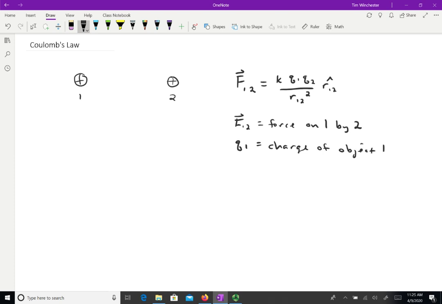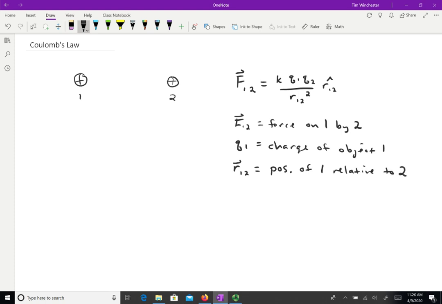Okay, so we'll talk about how we can quantify charge in a moment, but we can measure the amount of charge that's present in each case. And then R12 is defined to be the position of 1 relative to 2.